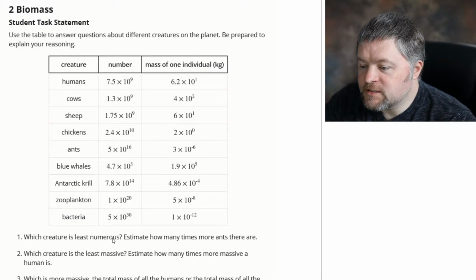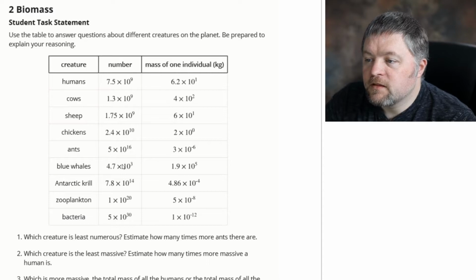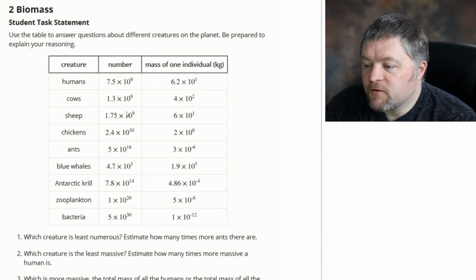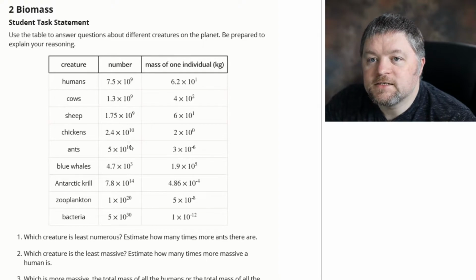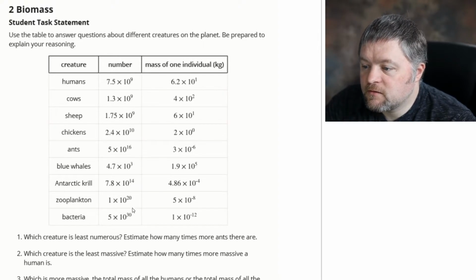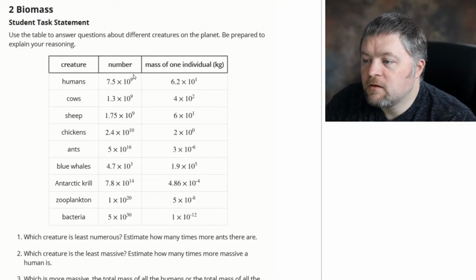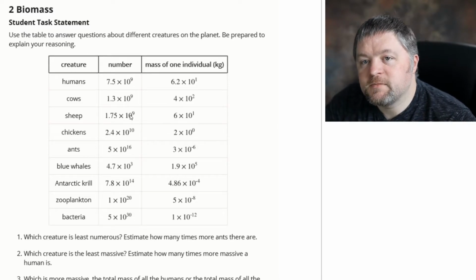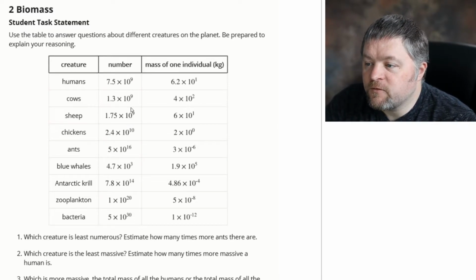Which creature is least numerous? The least numerous creature here means first we're going to have to look at all of these exponents. Least numerous means the smallest number, the fewest of them.